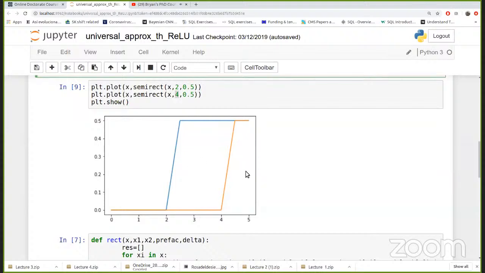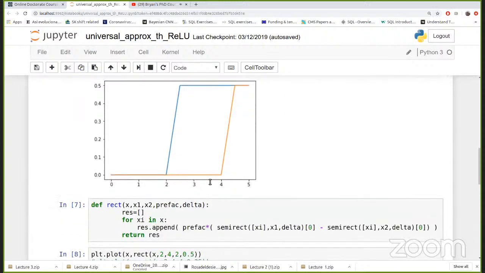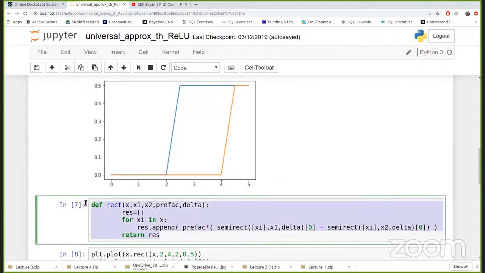So now let's repeat the exercise and see what happens if I subtract the orange curve from the blue curve. I have written here a function that does precisely that, with some prefactor giving some normalization, and just subtracting one function from the other, evaluated at two specific points.